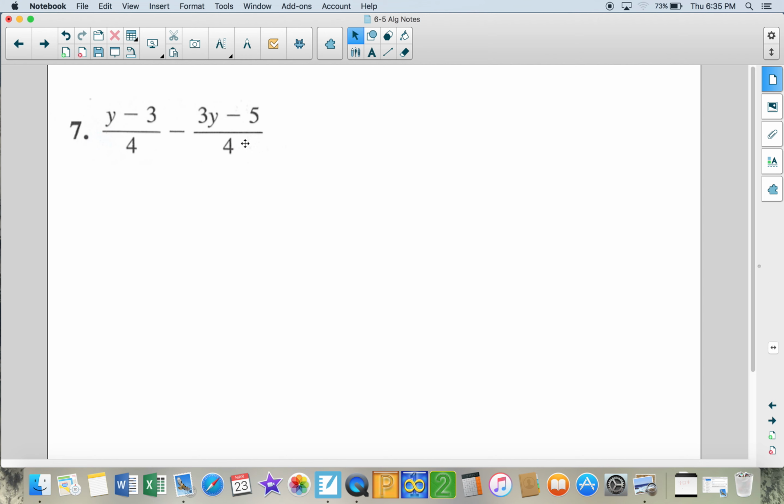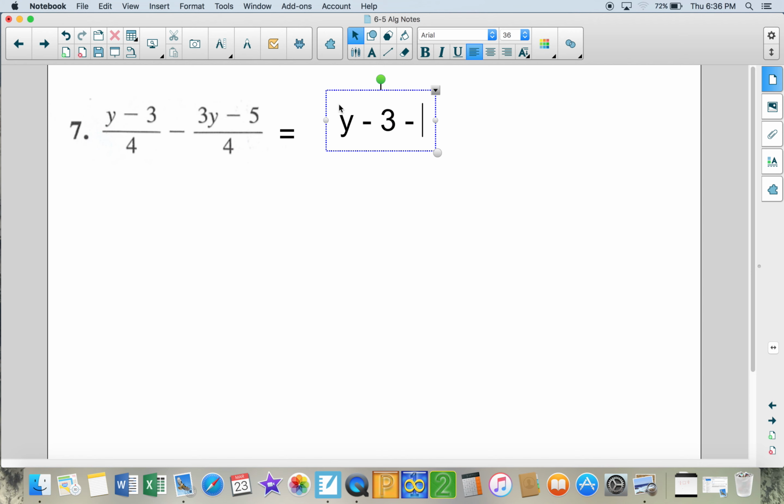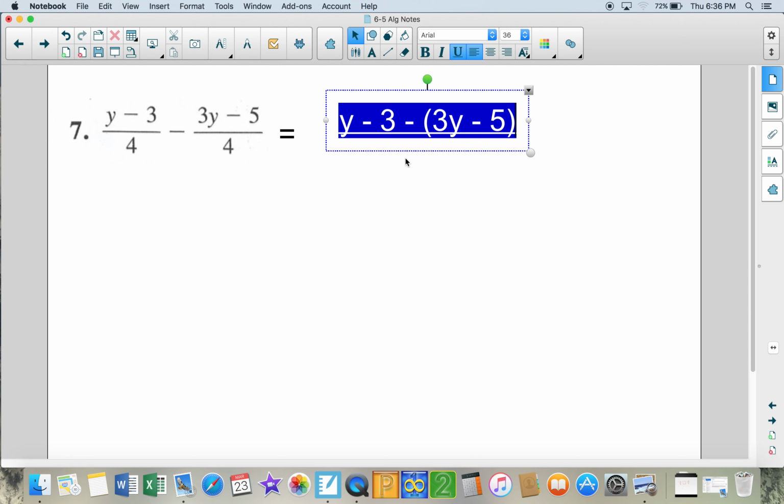Let's look at this one. We have common denominators. We're going to combine their numerators. We have a negative outside there, so we have to distribute that negative, or at least we have to show that representation. y minus 3 minus the quantity 3y minus 5 all over 4.